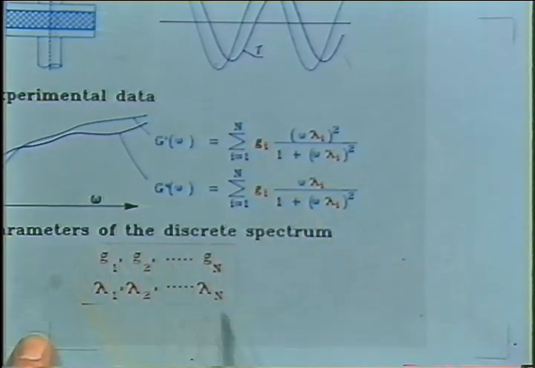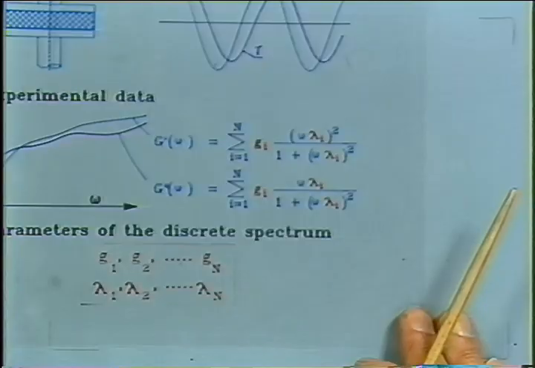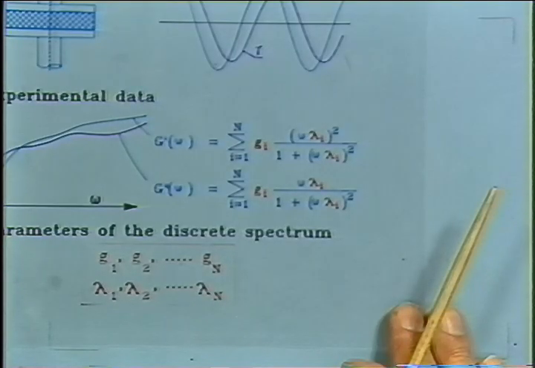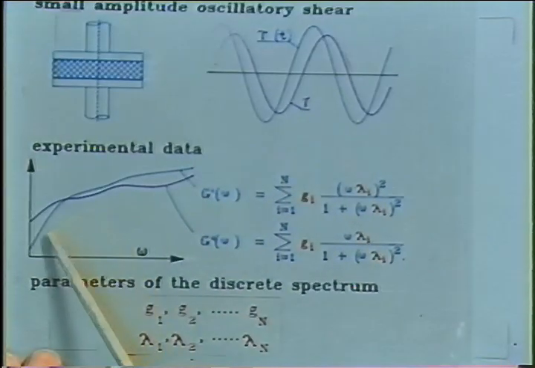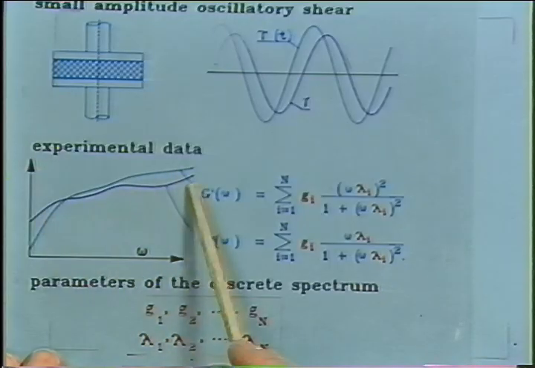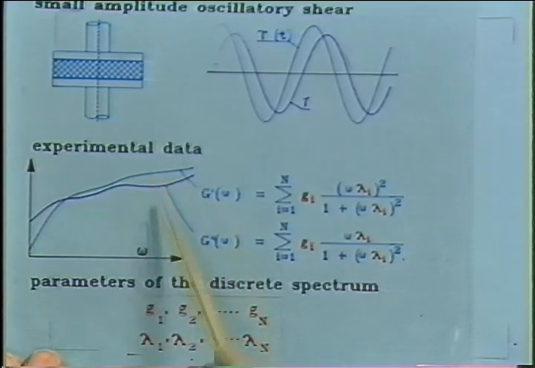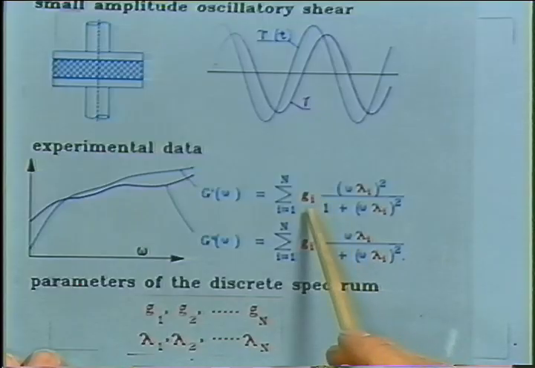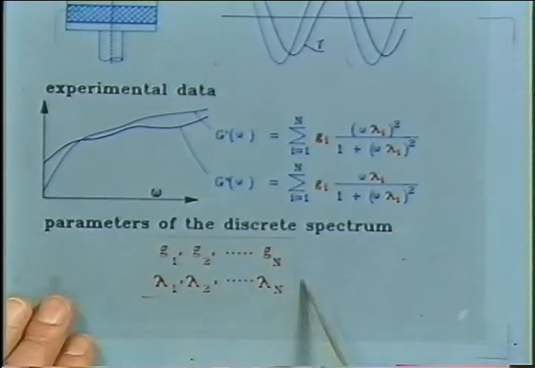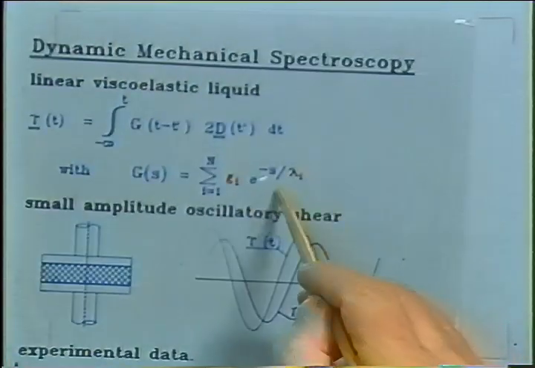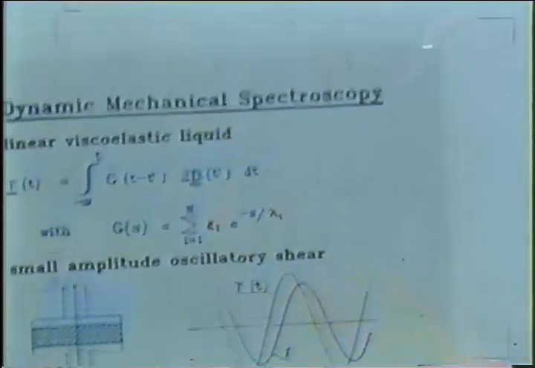Those are the parameters which we would like to determine from our experiment, and the experimental input is a set of these G prime, G double prime curves. That's our experimental input, and the output, if we are successful, is this parameter set down here, which we then can put over into the relaxation modulus, and the problem is solved.